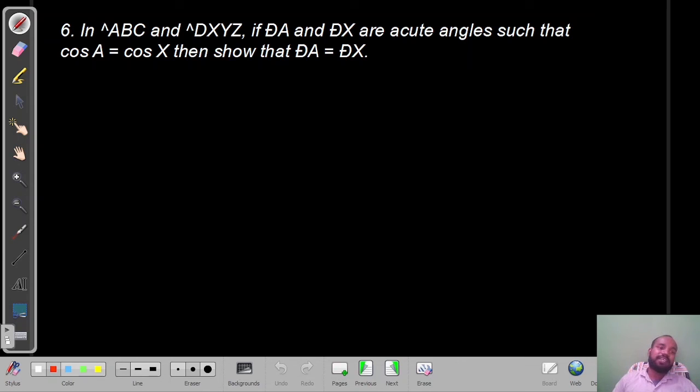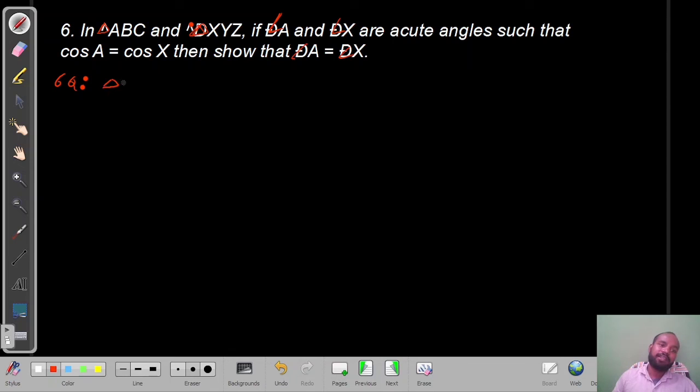In triangle ABC and in triangle XYZ, if angle A and angle X are acute angles such that cos A equals cos X, then show that angle A equals angle X. So you don't get confused, the question is very clear, but here the symbols are different. So I am writing the question also.